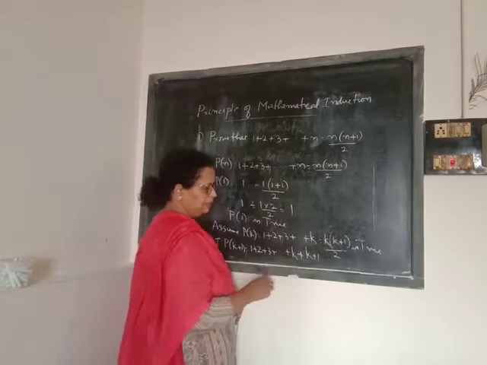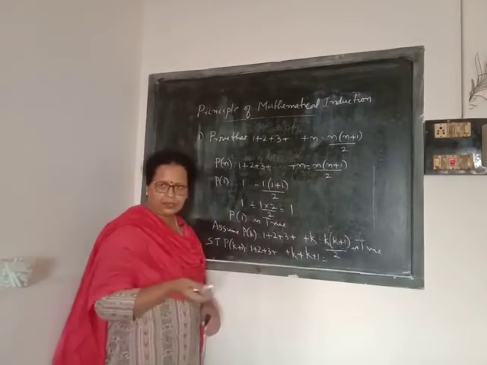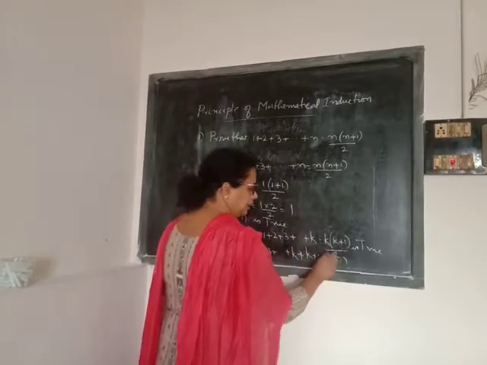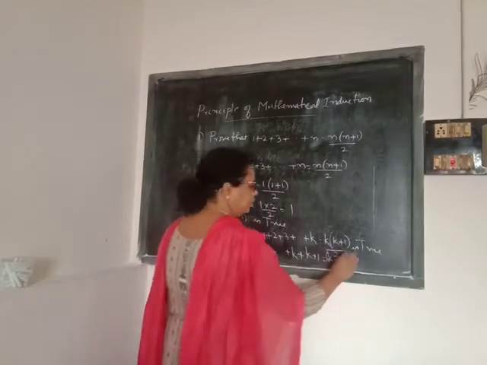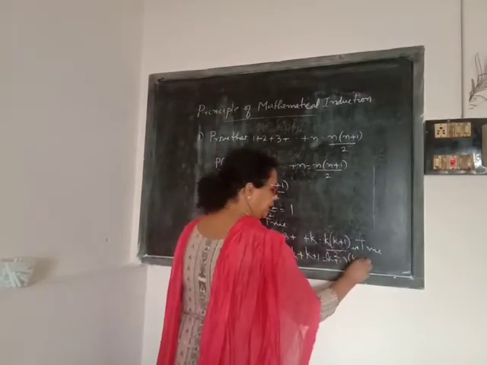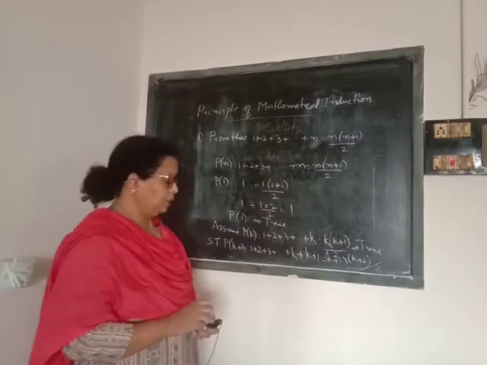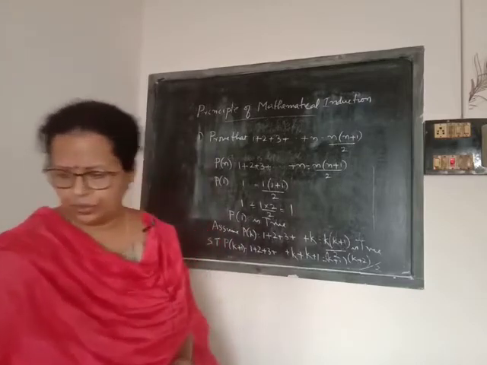That is LHS. What is RHS? Instead of k we have to put k plus 1. So it is k plus 1 into k plus 1 will become what? K plus 2, then whole by 2. This is to be proved. P of k plus 1 is true, we have to show.